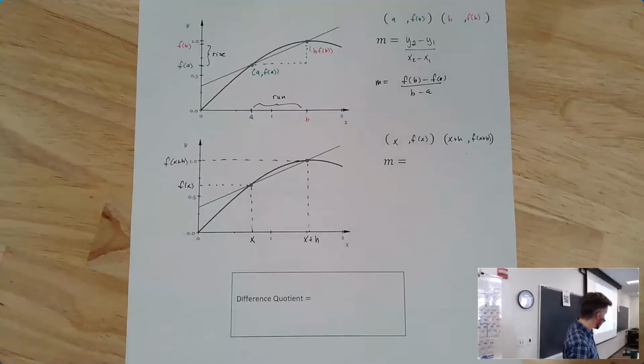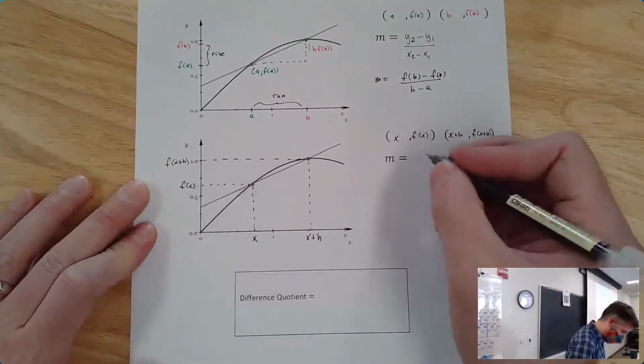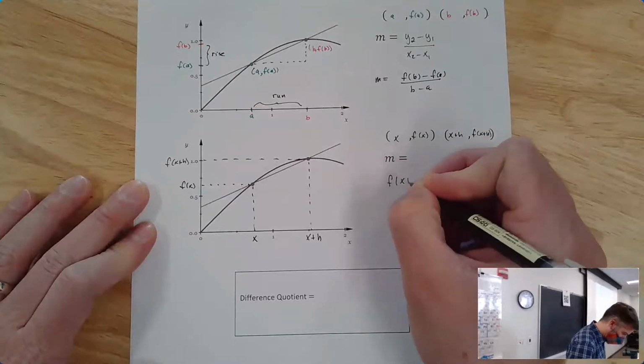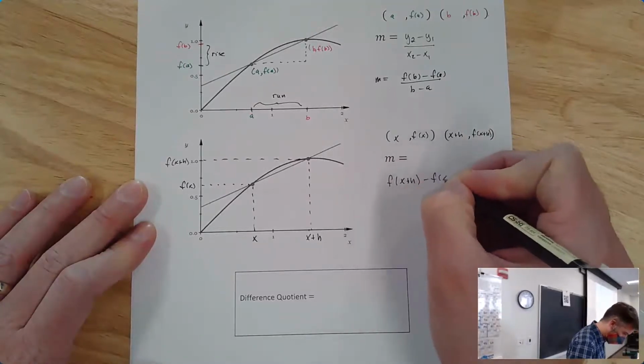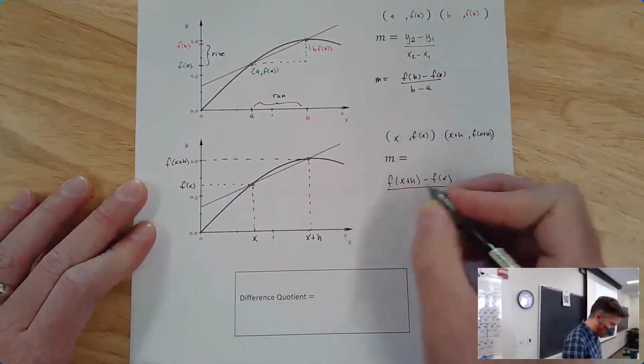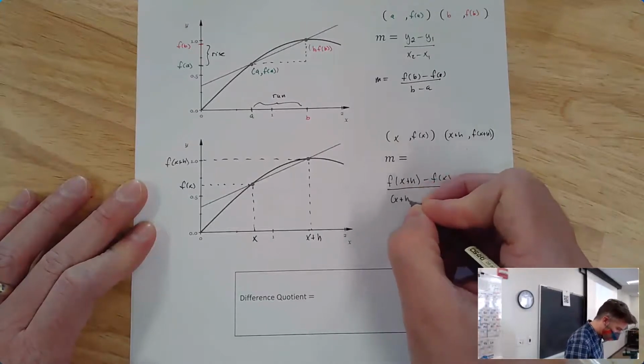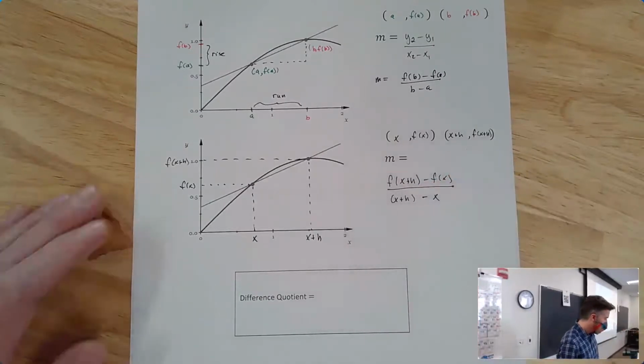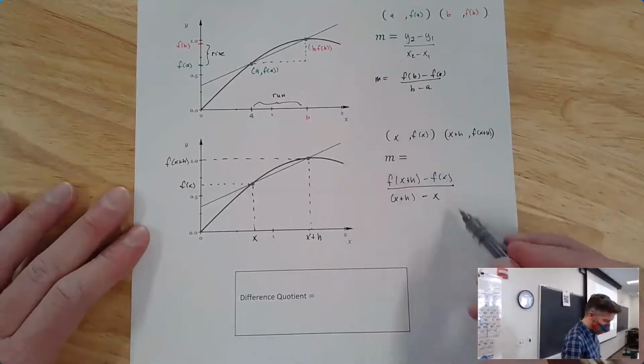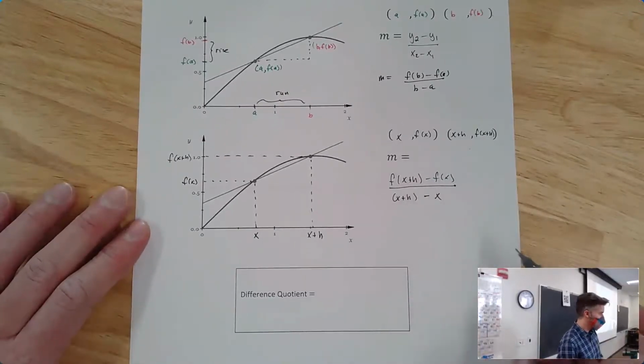So when I want to find the slope, it's still the same calculation. It's still the difference in the y's divided by the difference in the x's. Now the difference in the y's is going to be f of X plus H minus f of X. And the difference in the x's is going to be X plus H minus X. And usually people simplify this because what can I do in the denominator there?